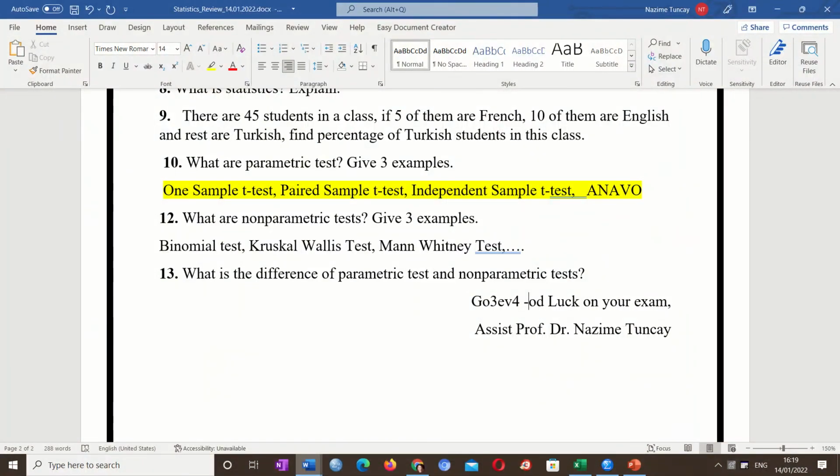Non-parametric tests work with the median. When the distribution is not normal, we use non-parametric tests. When our distribution is normal, or when we can exclude some samples which are distinct cases.